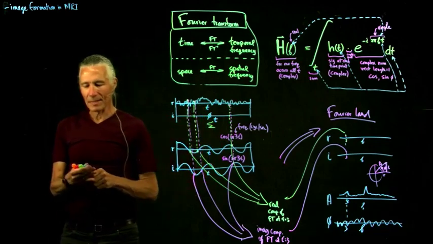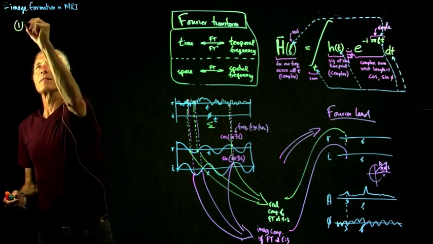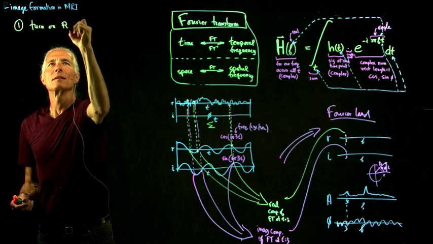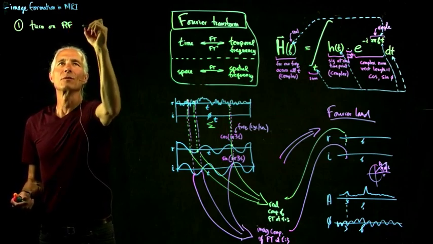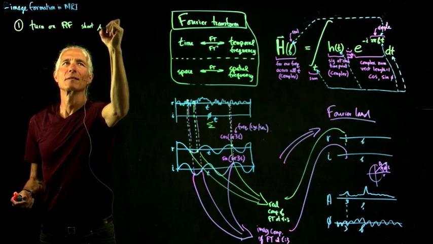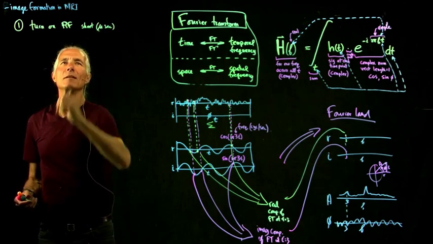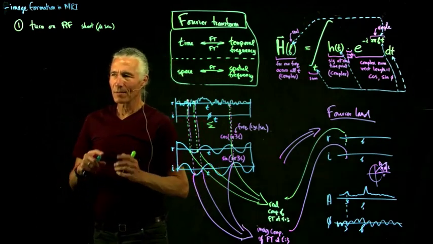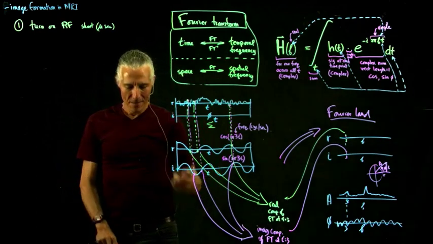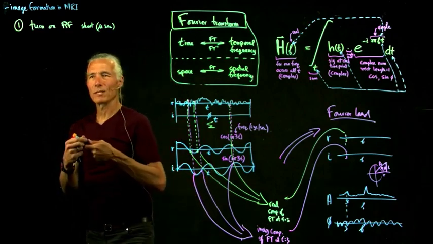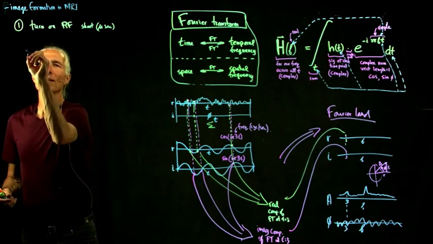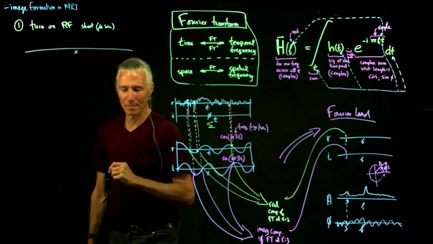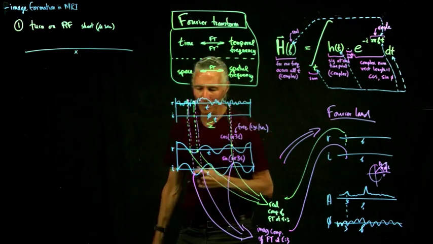So let's start off where we turn on the RF, short, microseconds. So we turn on the RF, and what does that do? That sort of sweeps all the protons into alignment with each other. And so if we draw out the x-axis, so this is space now instead of time, but it's like going left to right across the brain.